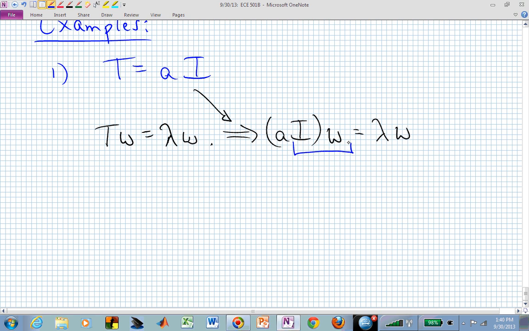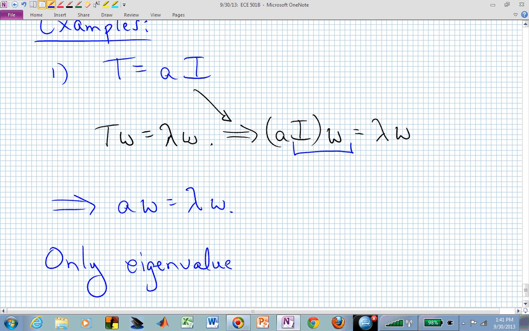But if we look at what happens when we operate on a vector W through this identity map I, then we actually see that we have AW is equal to lambda W. And in fact, for this identity map that's scaled by A, the only eigenvalue is that scalar A. No matter what we do, lambda is only going to be equal to A. And W could actually be anything.